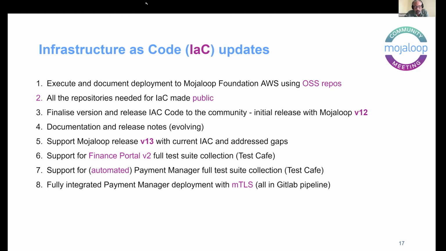So maybe one thing that I should have started off saying is what's included in this infrastructure as code. I know that a lot of people are doing different efforts across the community within what could be termed infrastructure as code. So this effort has always been about creating a secure implementation of Mojaloop.